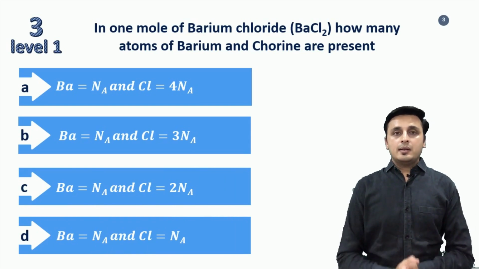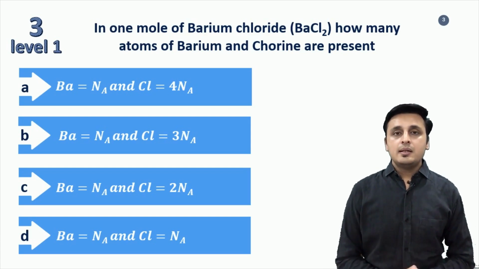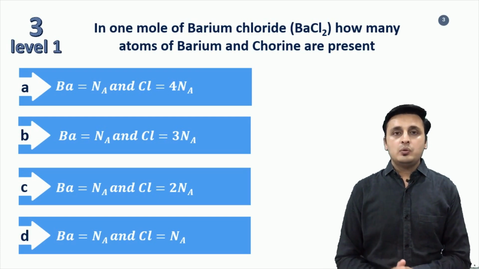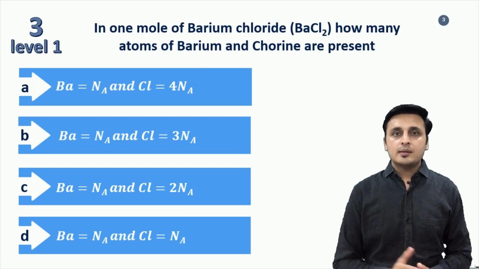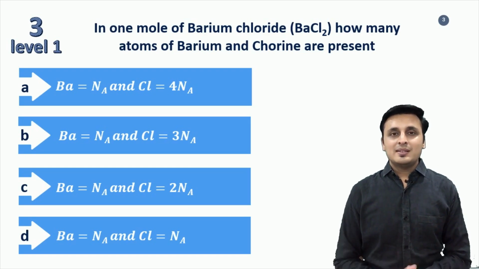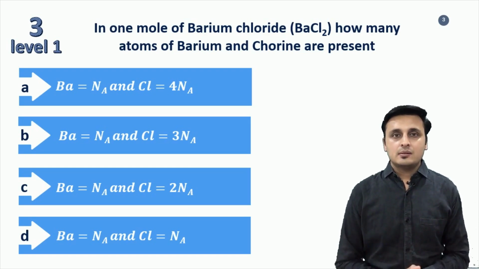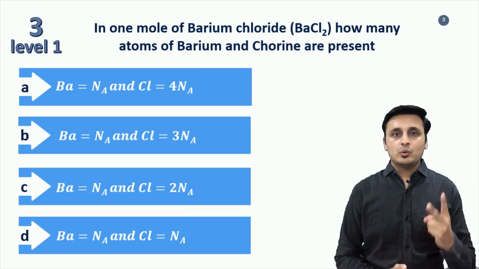Dear friends, let us understand what Na is. Na is a code given to Avogadro's number, so Na is equal to 6.022 × 10^23. Now what is the BaCl2 molecule? BaCl2 has one barium atom and two chlorine atoms.